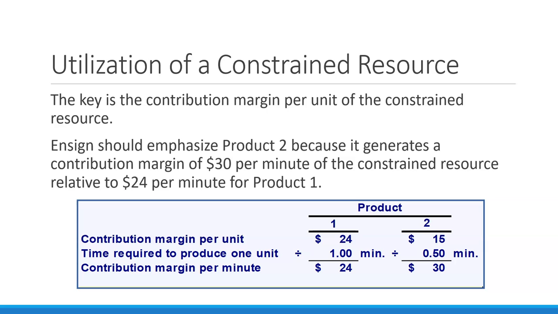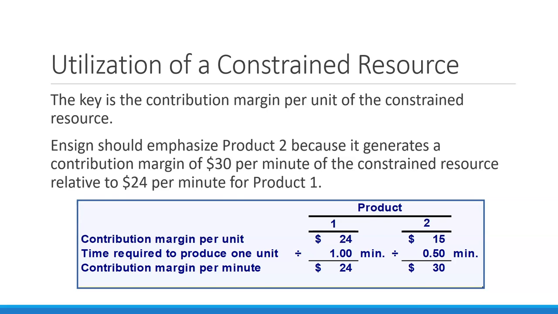We're going to emphasize product 2 because it generates a contribution margin of $30 per minute versus product 1's $24 per minute. So you take the contribution margin per unit divided by the time required to produce 1 unit, and you get the contribution margin per minute.